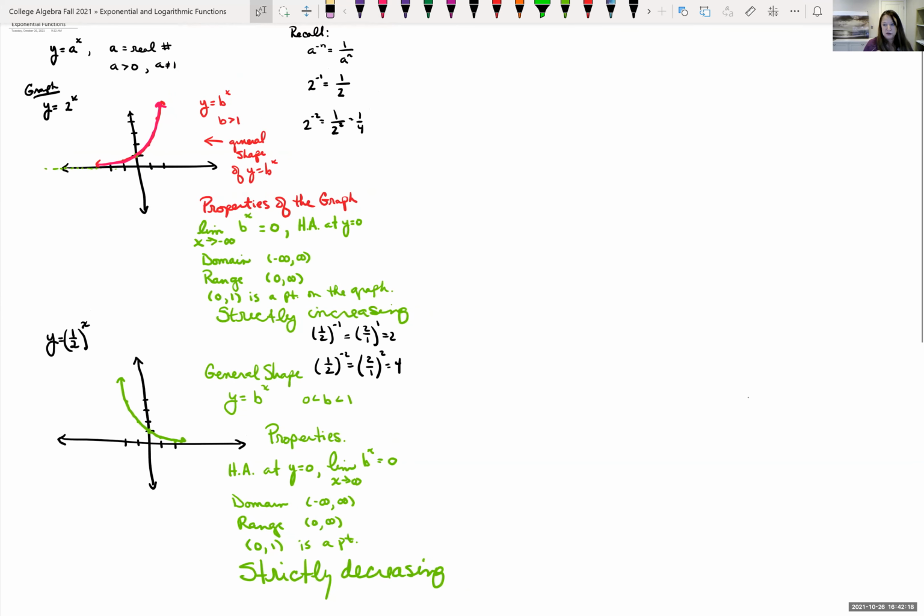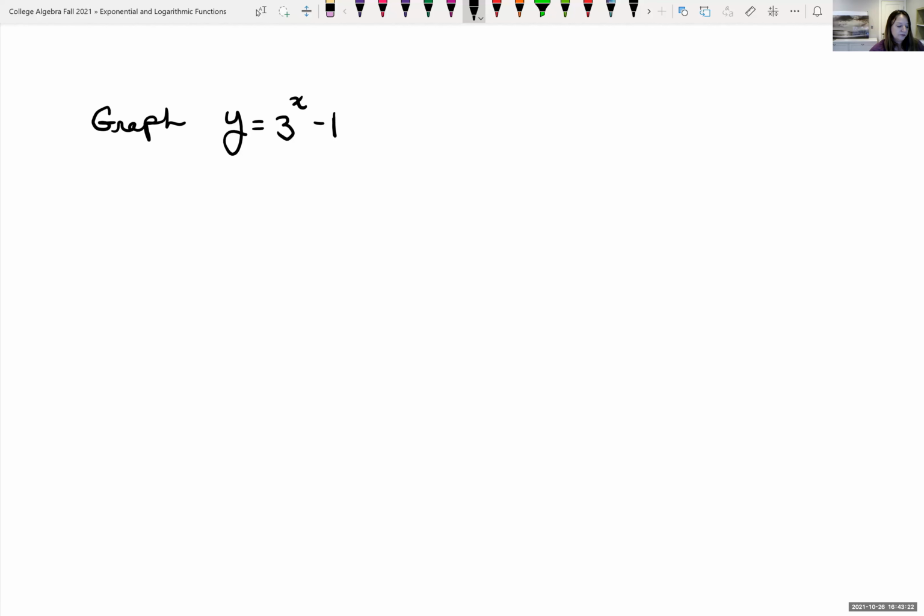So you should be able to now look at graphs of exponentials and apply our rules of transformations of graphs. So if I wanted to graph y equals 3 to the x minus 1, I know what the general graph of y equals 3 to the x looks like. It's going to look like this.